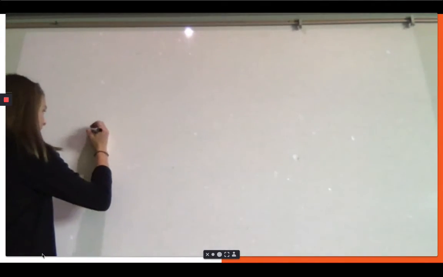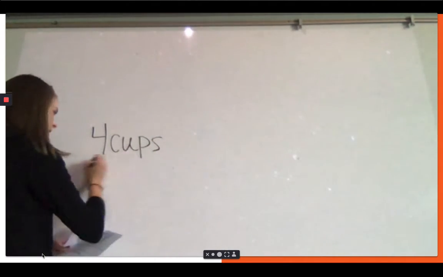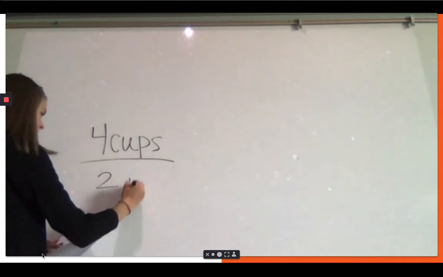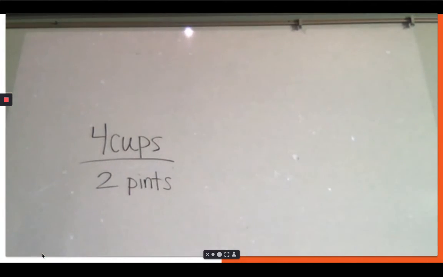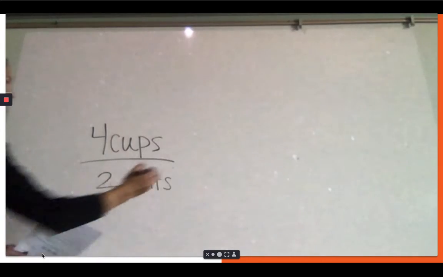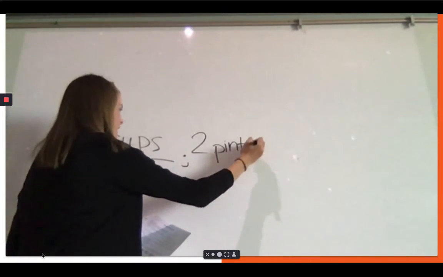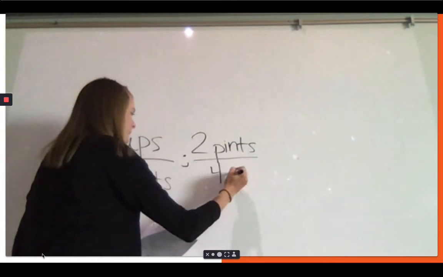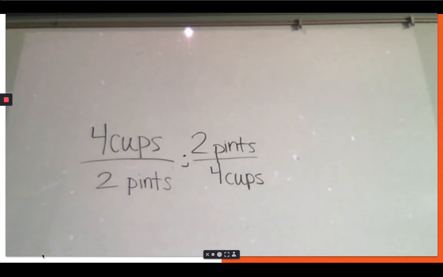Perfect. Would be that there are 4 cups per every 2 pints. Okay, there's 4 cups for every 2 pints. You can also write this as there's 2 pints in every 4 cups. So thinking of conversion factors in baking.